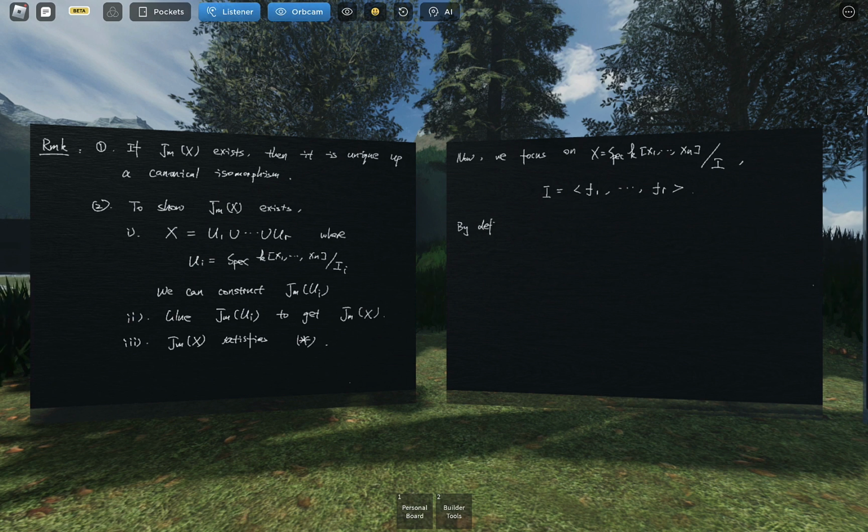From the definition, we know this, and this will induce the set of K-algebra homomorphisms.